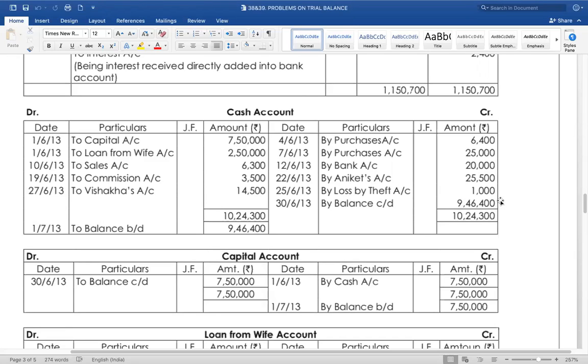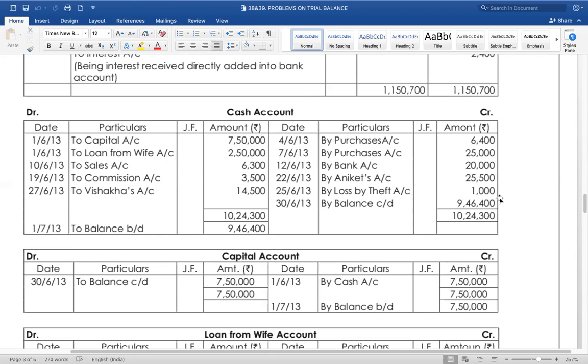What is this? This is the balancing figure. This amount is the gap between debit and credit. It is this much excess of debit over credit. You write here balance carried down, indicating the closing balance of cash is 9,46,400.